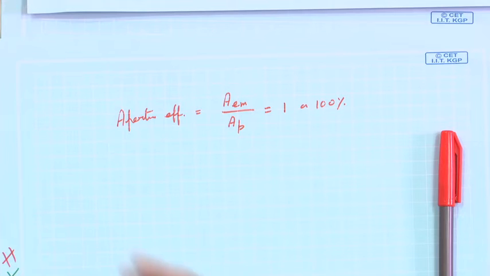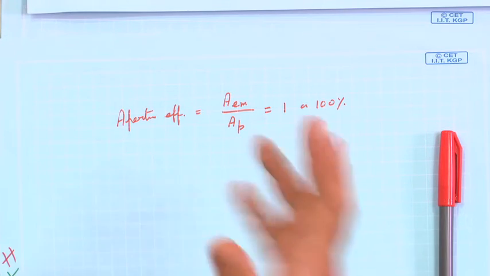Now, we see that you can get the full effective area, that is efficiency of 100%, if you have uniform illumination. If not, then you will have a reduced efficiency. And from here we can also calculate other things like beam efficiency that we have discussed earlier, that is, what is the power in the main beam.